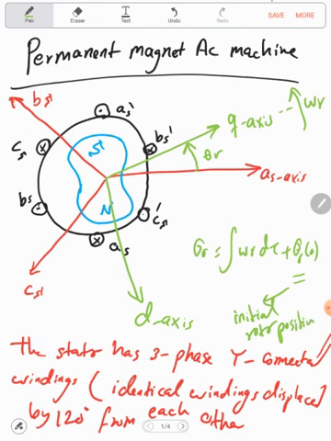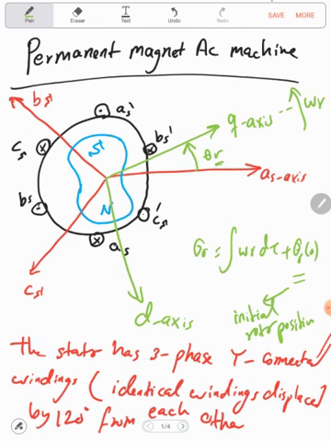Now this is actually a synchronous machine, so if we need to drive it, in general we need an inverter, a voltage source inverter, in order to drive the machine. And to drive the machine we need theta r, we need the position of the rotor. Simply we have a lot of options to do that. The first one is using Hall effect sensors, let's say.